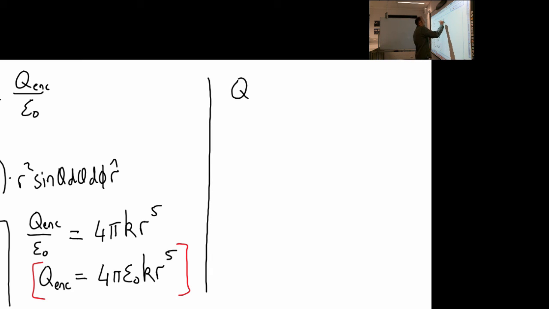Okay, so we can have Q enclosed equal to our volume integral of rho d tau.